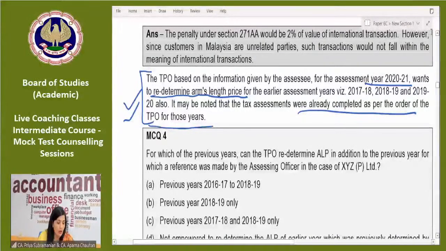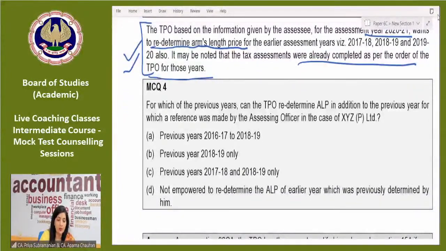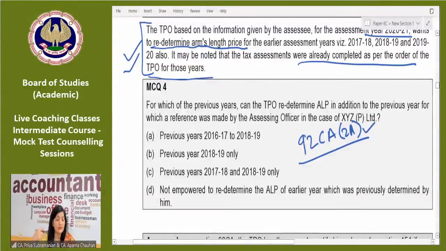Can he do it? The answer is no, because Section 92CA, subsection 2A, gives some extra power to the TPO to determine the ALP of other international transactions as well, which are subsequently identified by him during the course of the proceedings.